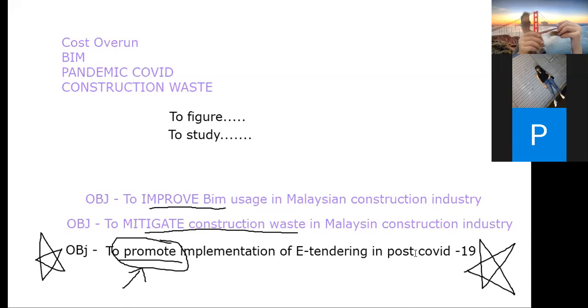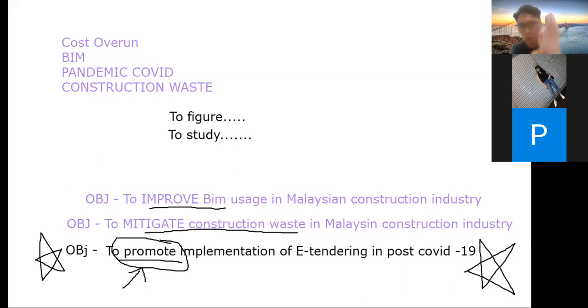So what you need to do is you take a software, you show them the software. You must go to all contractors and say, hello, this is e-tendering. Please use e-tendering. Thank you. Bye bye. Go to the next contractor. Hello, this is e-tendering. Please use e-tendering. Thank you.